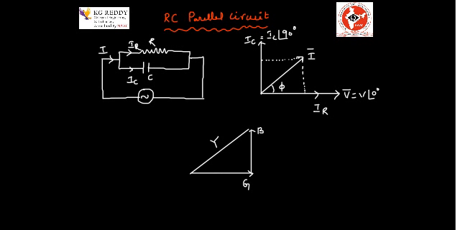Now I want to calculate the current. For that, we have already taken V as a reference. Let V bar be the reference vector. When we take V bar as reference, this is V at an angle 0 degrees.